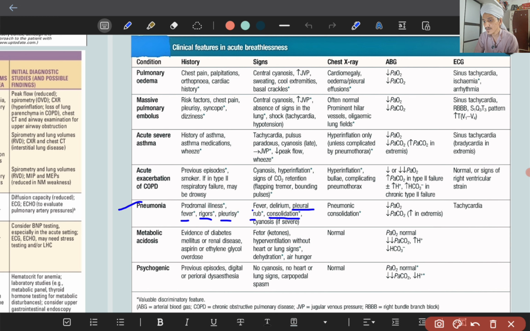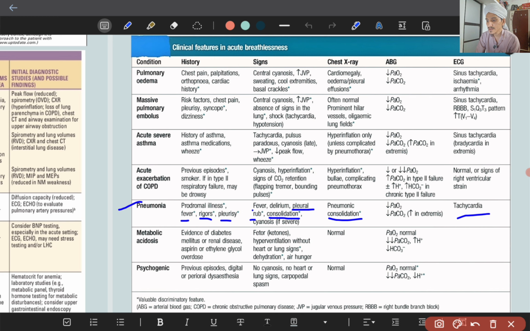These features are also seen in pulmonary infarction, but there can be slight fever with no history of chills or prodromal viral illness. So the same history of pleuritic pain along with consolidation occurs in pulmonary infarction. Chest X-ray will show pneumonic consolidation, and ECG will show tachycardia.